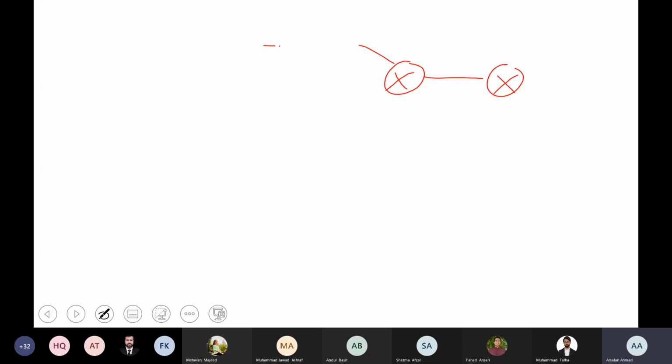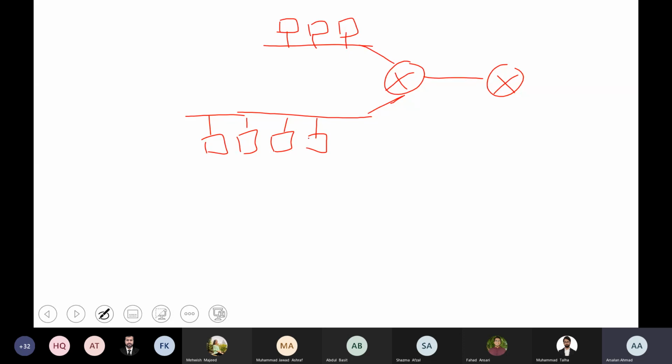We have a LAN over here in which we have 3 hosts. On this interface of the router we have a LAN attached, which has, I don't know, 1 2 3 4 5 6 7, something like that.